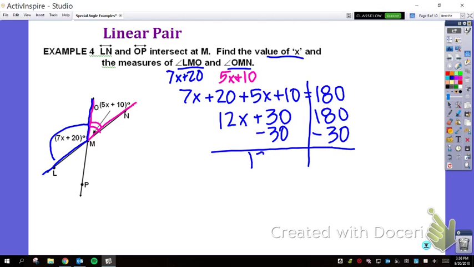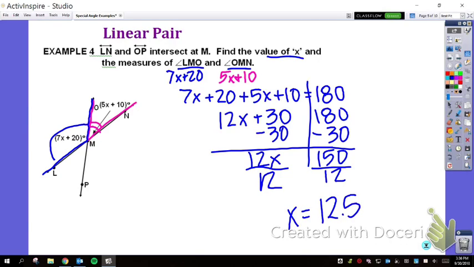So if we get 150 divided by 12, then we end up with x equals 12.5. And then it wants the measures of those angles, so we're going to just plug that back in.